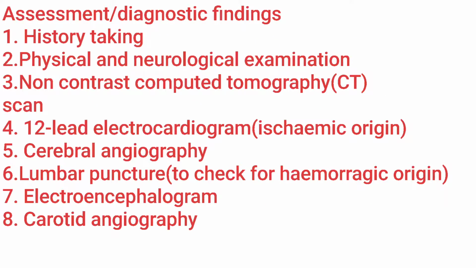How can stroke be diagnosed? Firstly, a careful history and a complete physical and neurological examination of the airway patency, which may be compromised by gag or cough reflexes and altered respiratory pattern.